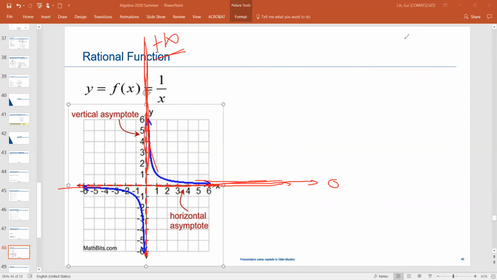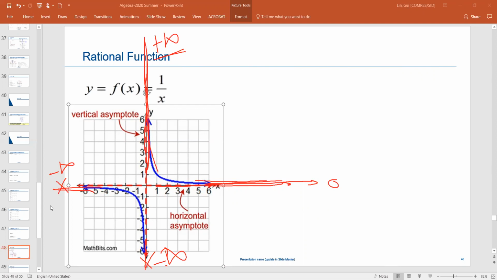The same here. They are very close, but never have any intercept. Even as they go to negative infinity, here negative infinity, they never intercept. They are just very close, almost touching, but never intercepting each other. So that's the one.